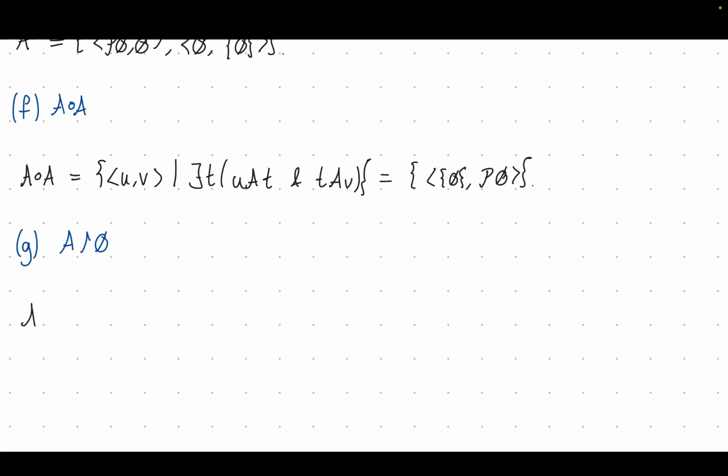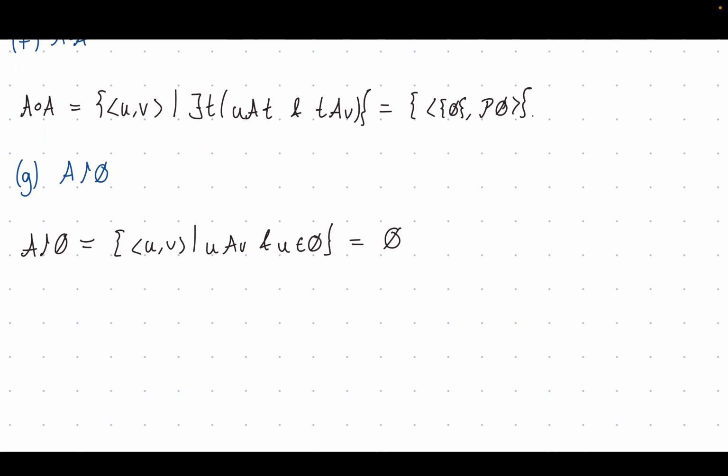I think we already argued this, but the restriction of A to the empty set is u comma v such that u A v and u is in the empty set, but this statement is nonsensical, so this is just the empty set, right? There is no u that satisfies that.